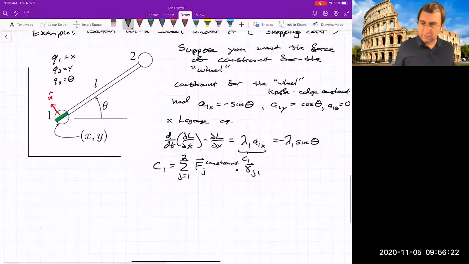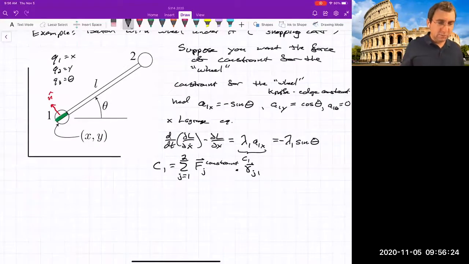I don't know if we've done these gamma_j's before. So gamma_11 is partial v1 partial x dot.